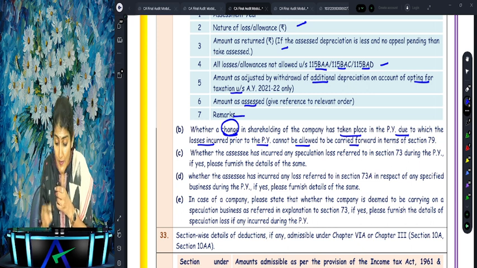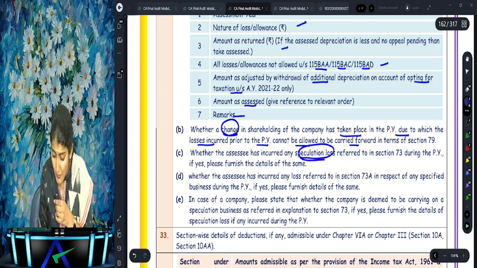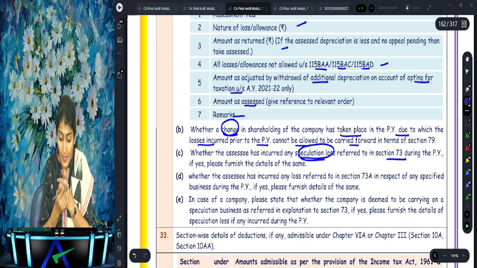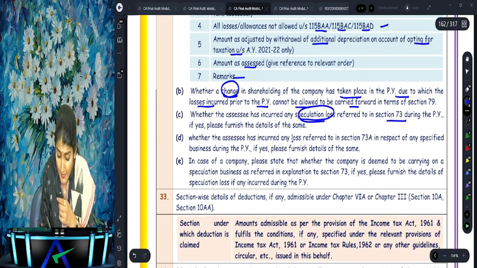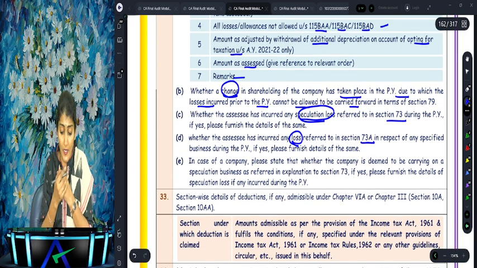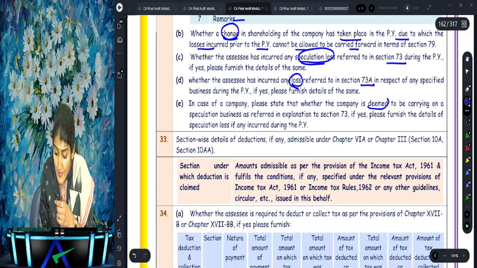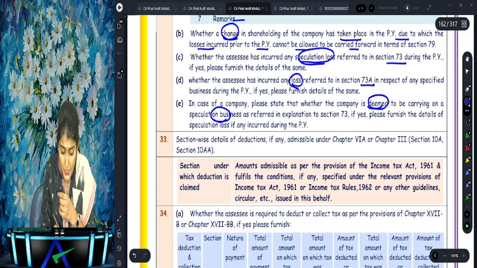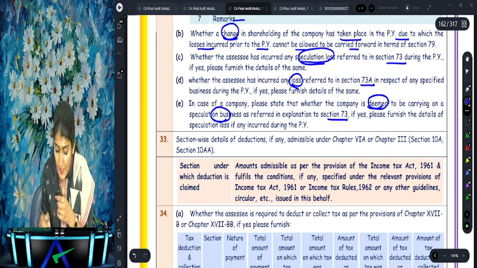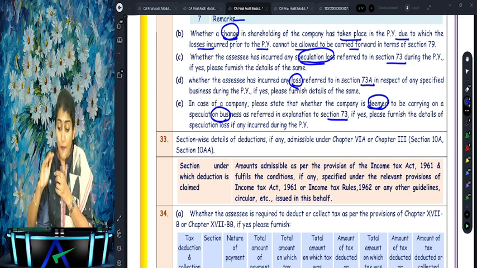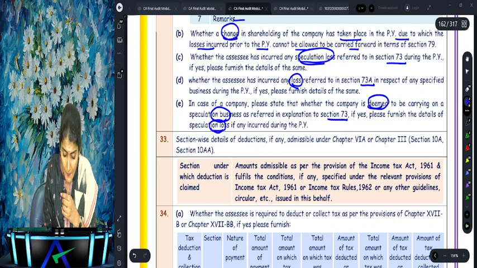Then whether the assessee has incurred any speculation loss referred to in section 73. Then whether the assessee has incurred any loss referred to in section 73A. And in case of a company, please state whether the company is deemed to be carrying on the speculation business as referred to in the explanation to section 73. And if yes, please furnish the details of the speculation loss, right?